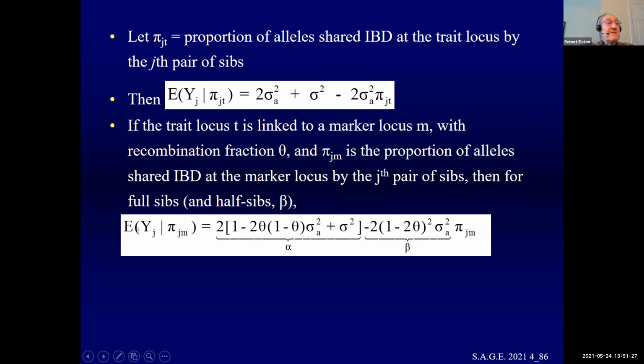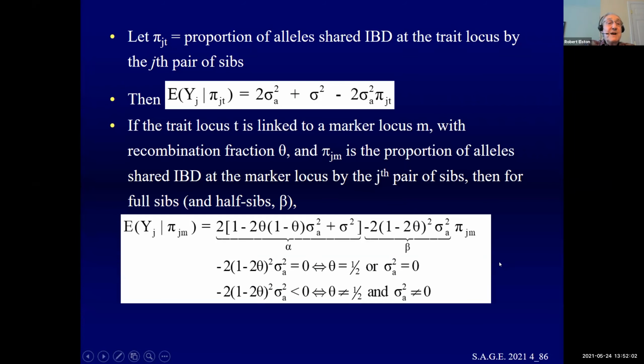We get the expected value of the trait difference squared given this, which is some intercept. And the regression on the proportion at the marker is minus 2 sigma_a squared times (1 minus 2 theta) squared. That's the whole point. So from this regression equation, we can estimate this whole thing.